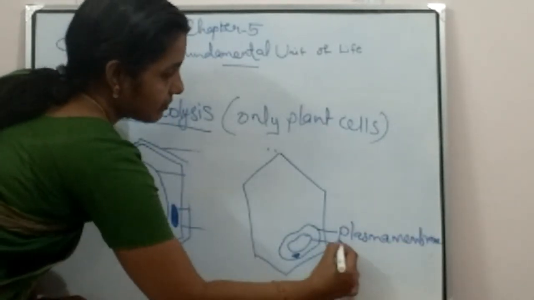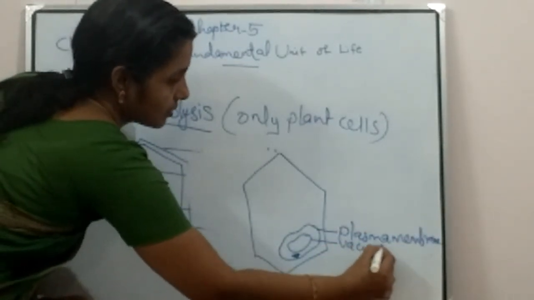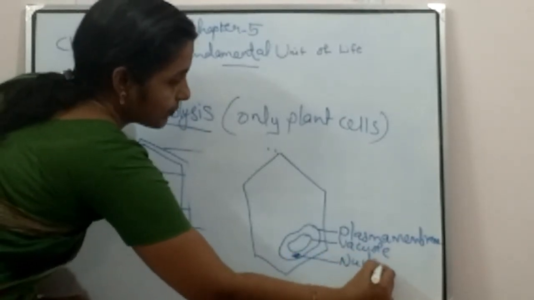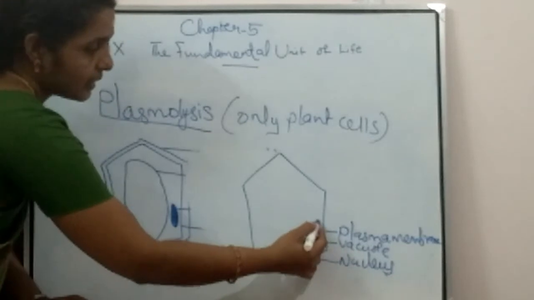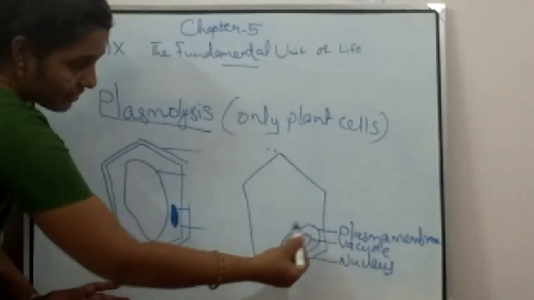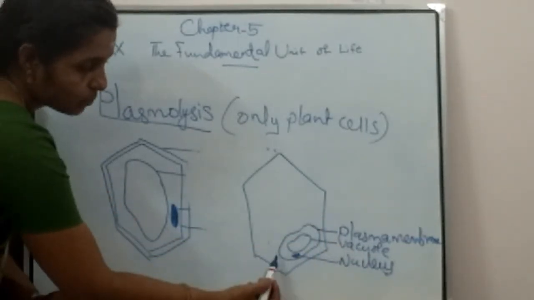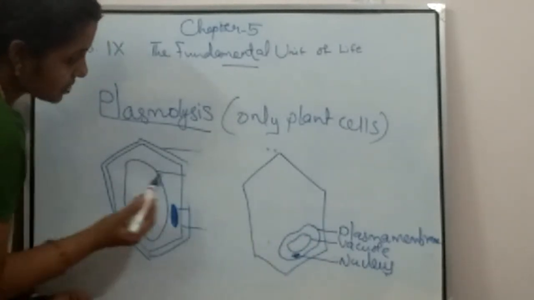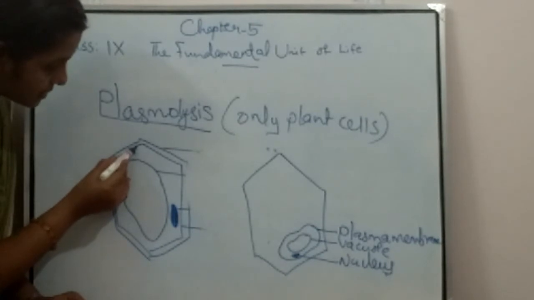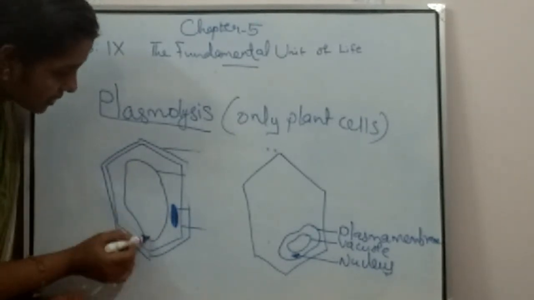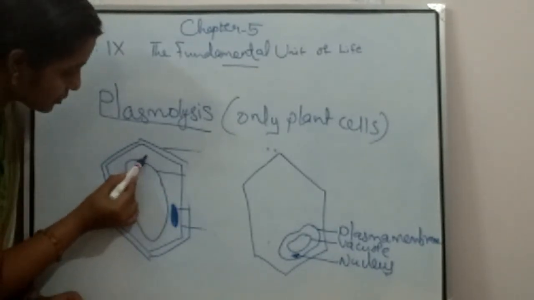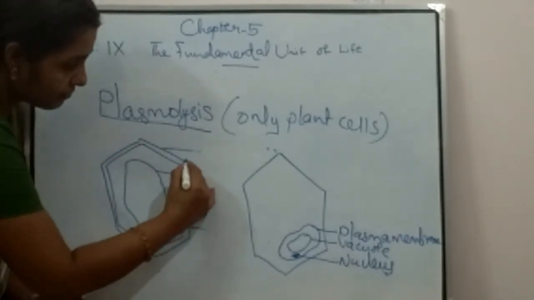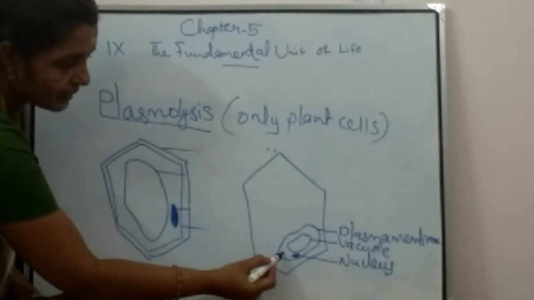So all the contents move away from the cell wall and move towards one side of the periphery of the cell wall. So here you can see the plasma membrane is here, vacuole is there, nucleus is here, cytoplasm is here. So all these contents move away from the cell wall and form like this.